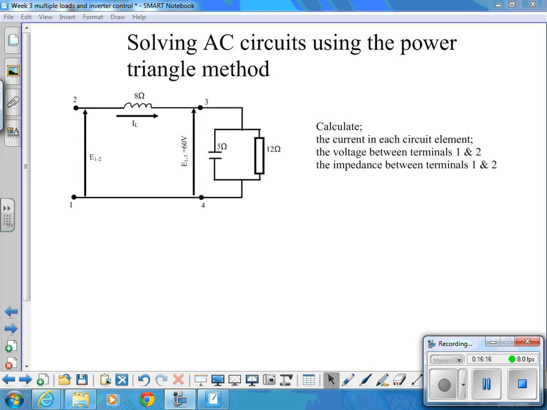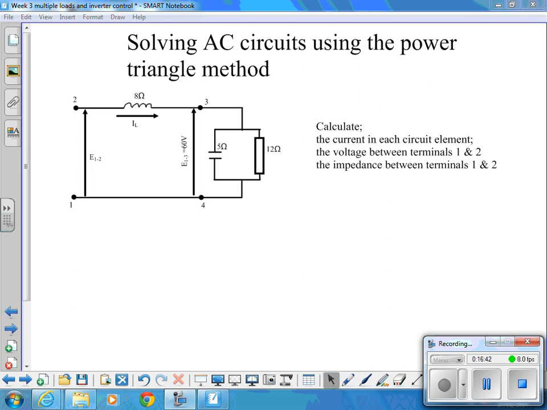Total resistance. Do we talk about resistance in AC circuits? Impedance. That's better. Okay. Is there anything immediately that we can calculate? You can calculate your current and your impedance across the 60 volts.